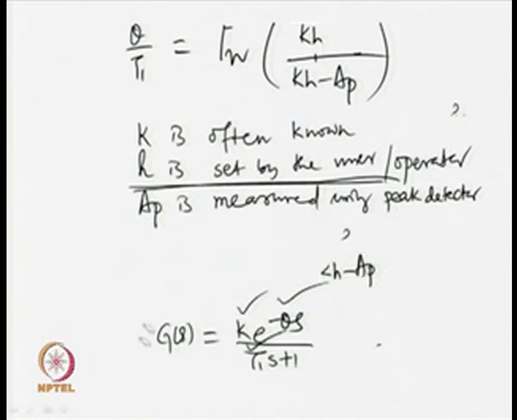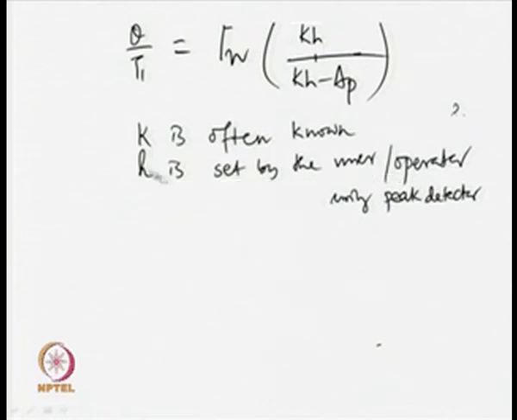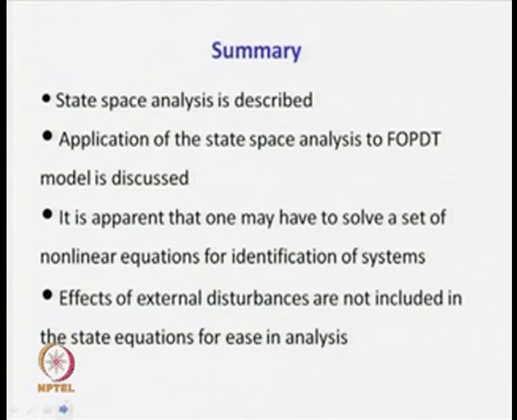The beauty of using state space analysis is that it is possible to estimate the parameters of the transfer function model accurately. Now, what we have learned from this lecture is what a state space is, what the state space equation and output equation are, and what benefit we get from state space analysis of a system.